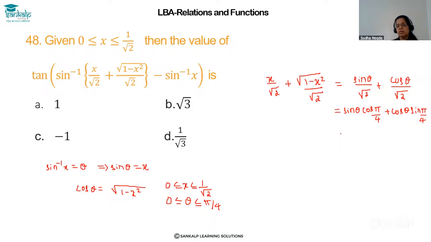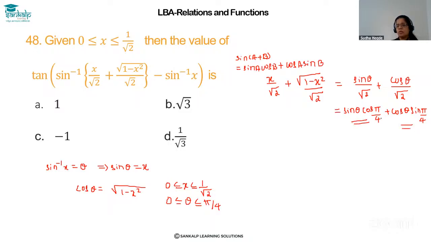So this is of the form sin A cos B plus cos A sin B. What is sin of A plus B? Sin A plus B is equal to sin A cos B plus cos A sin B. Correct? This expression is also of the same form, right?